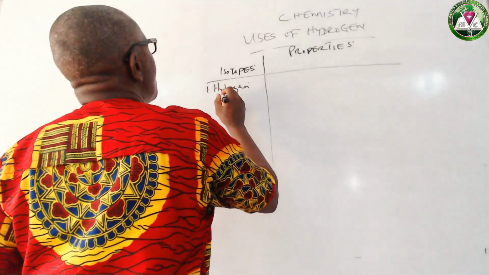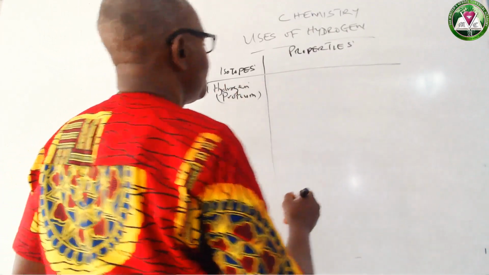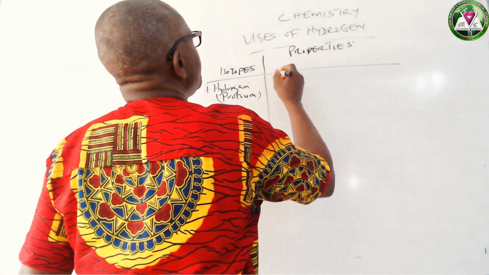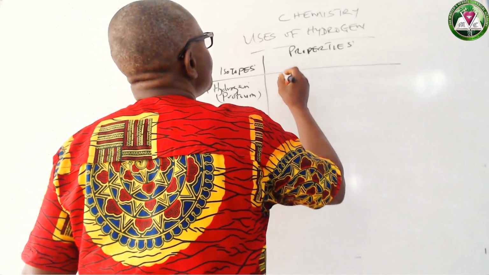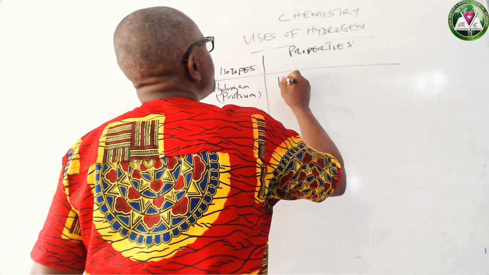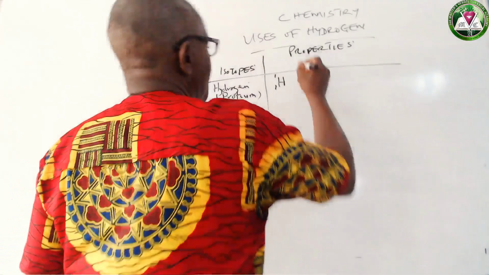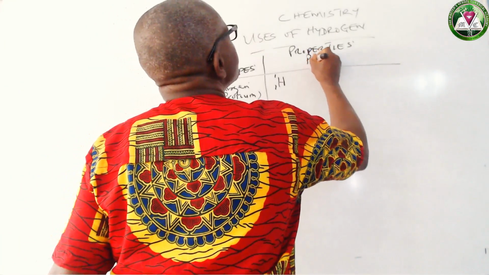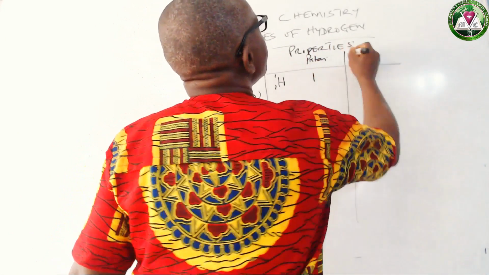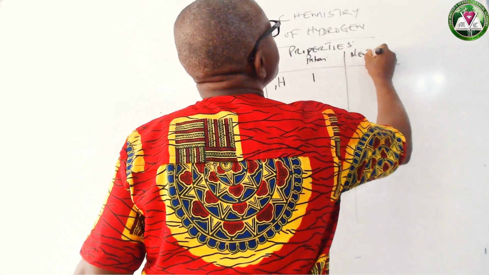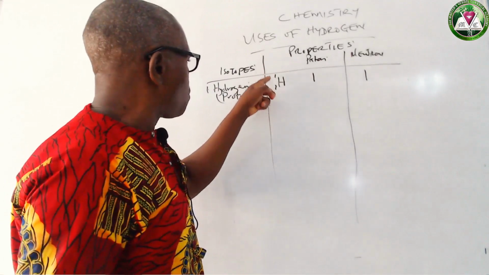Sometimes it's called protium. This hydrogen has this H, if you like, we call it H 1 1. Then you see that the number of protons, it has 1 proton. Neutron, it has 1 neutron. That is why it's written hydrogen 1, 1.